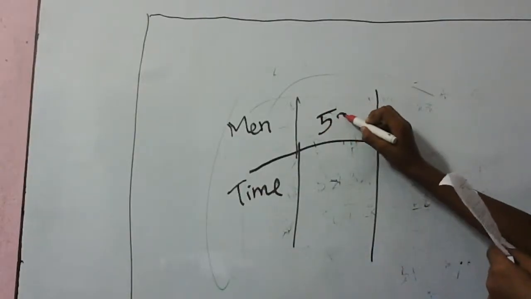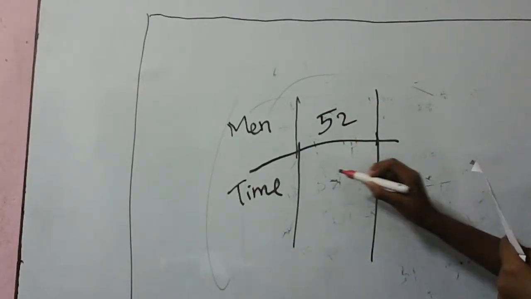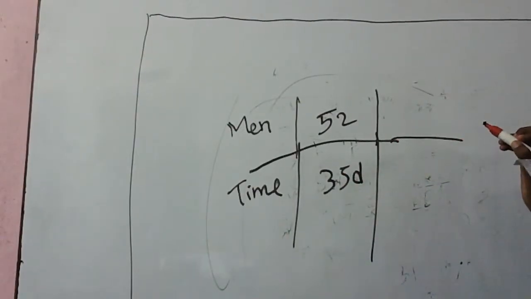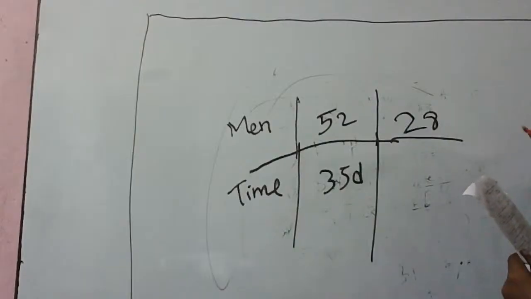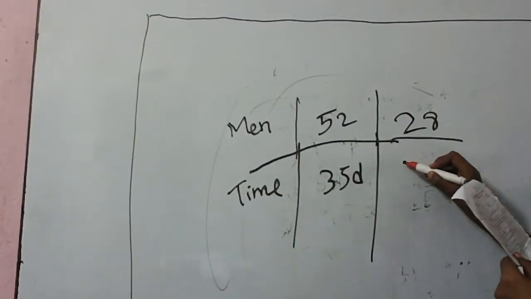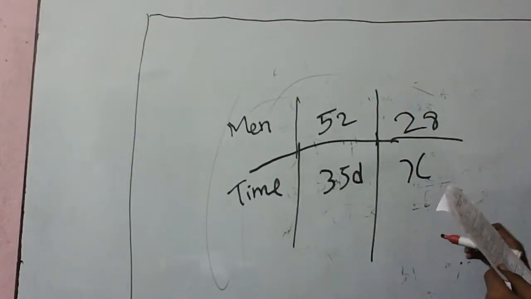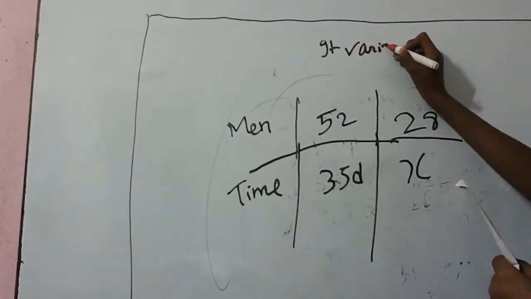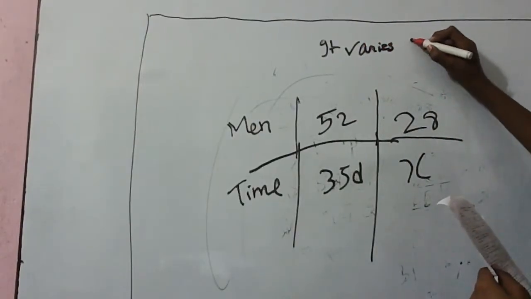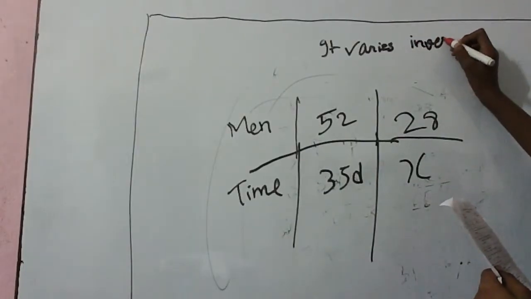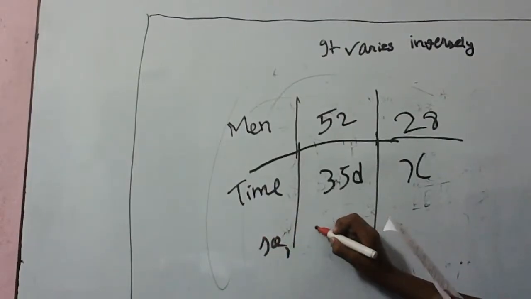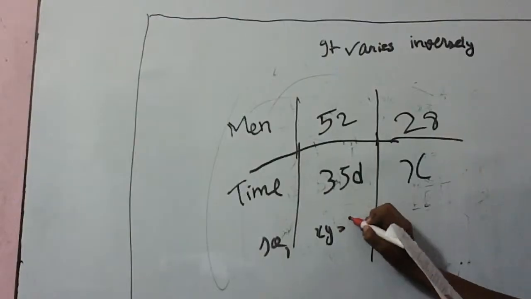If 52 men complete a piece of work in 35 days, then 28 men will complete the work in x days. It varies inversely. So xy equals k.